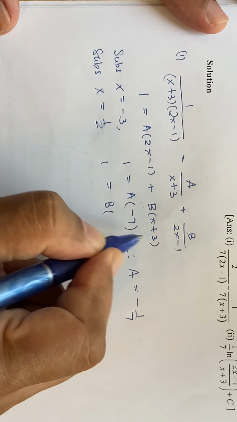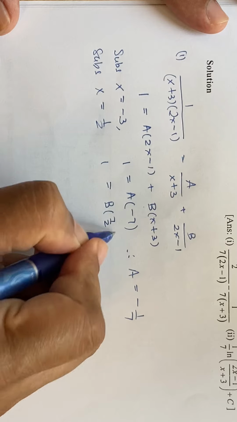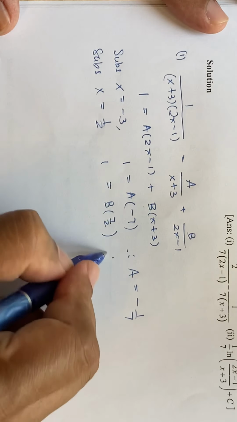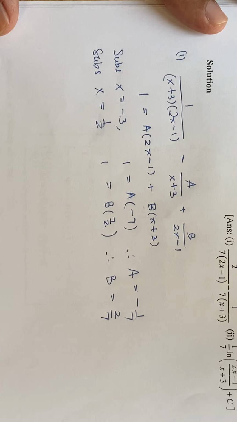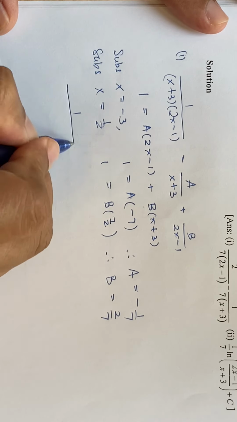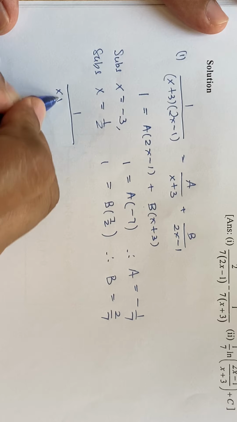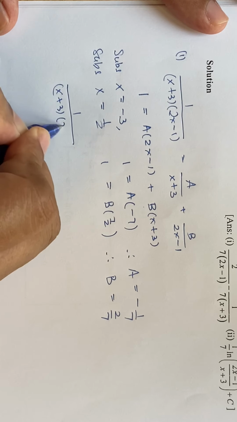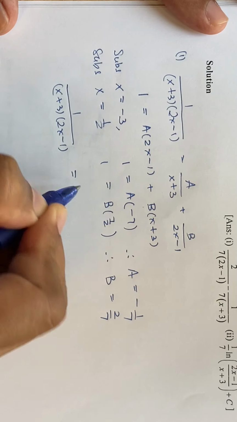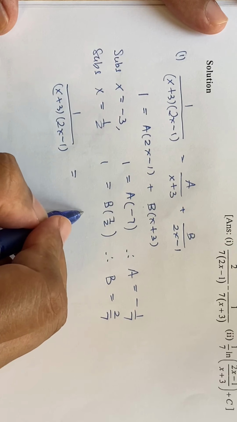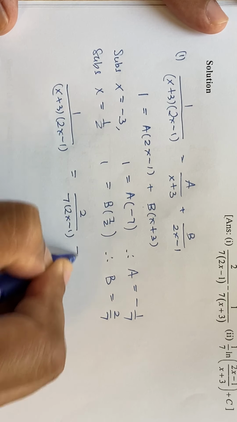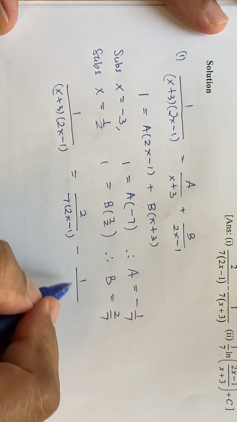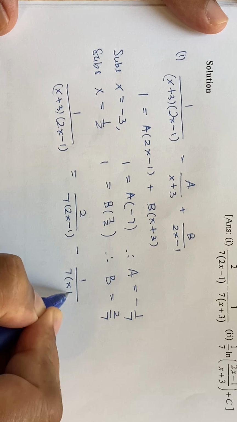So this will be 3 plus half, which is 7 over 2. Therefore my b will be 2 over 7. So my partial fraction will be this. I'm going to put b first. So this is going to be 2 over 7(2x minus 1) minus 1 over 7(x plus 3).